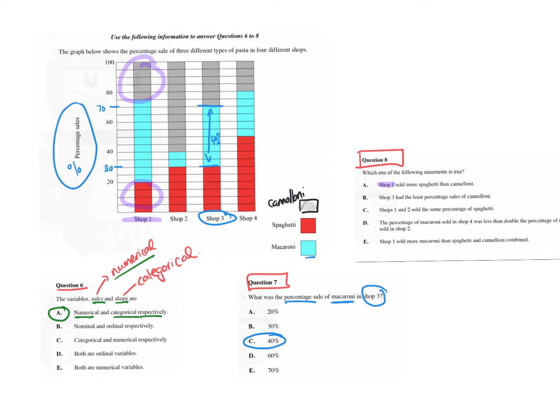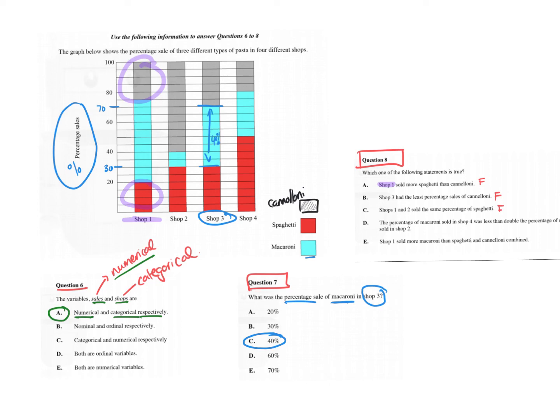The red isn't more than grey. So that one's false. You're looking for which one's true. It said shop 3 had the least percentage sale of cannelloni, so shop 3 would have the smallest grey section, which it doesn't, so that's false. Shop 1 and 2 have the same percentage of spaghetti, so we'd see the same red amount, and that's false.